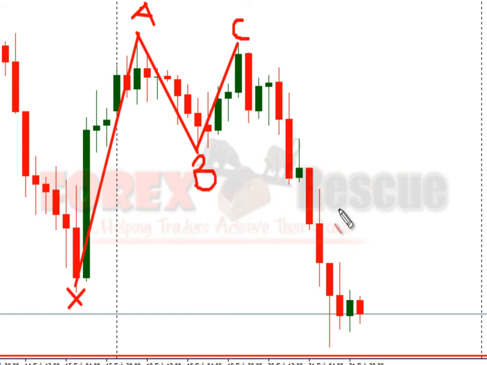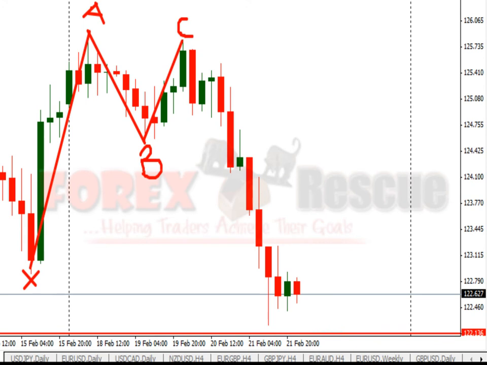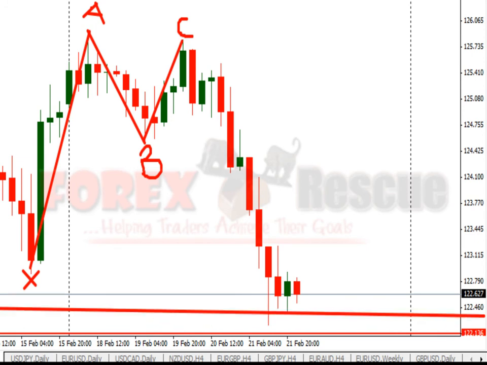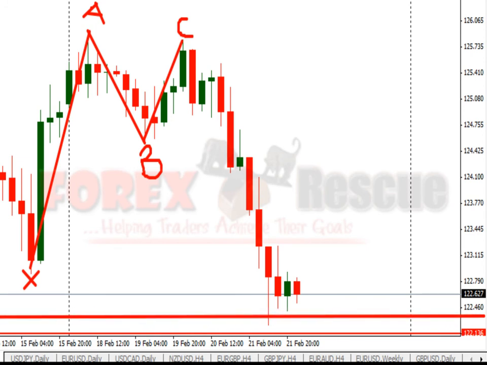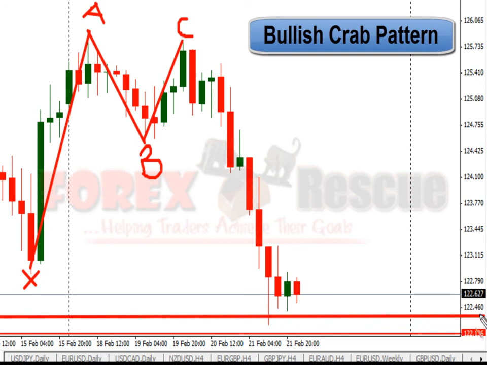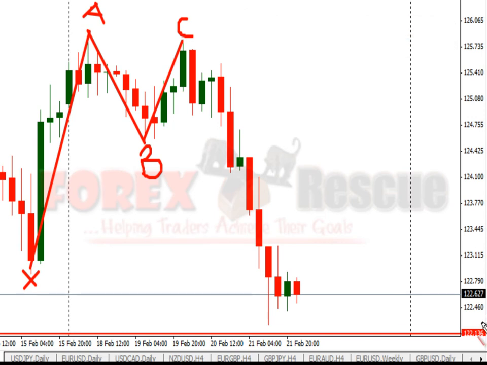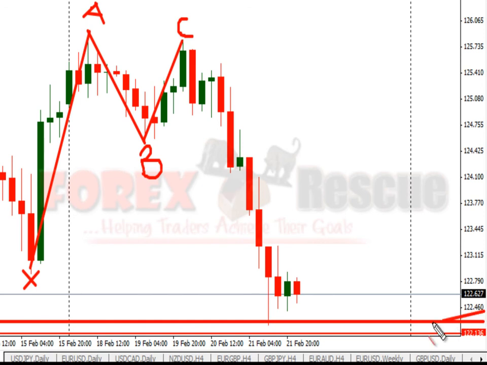Now I told you our point D is around 122.23 to 122.34. That is, our point D is around here. 122.23 is around here, while 122.34 is around here.